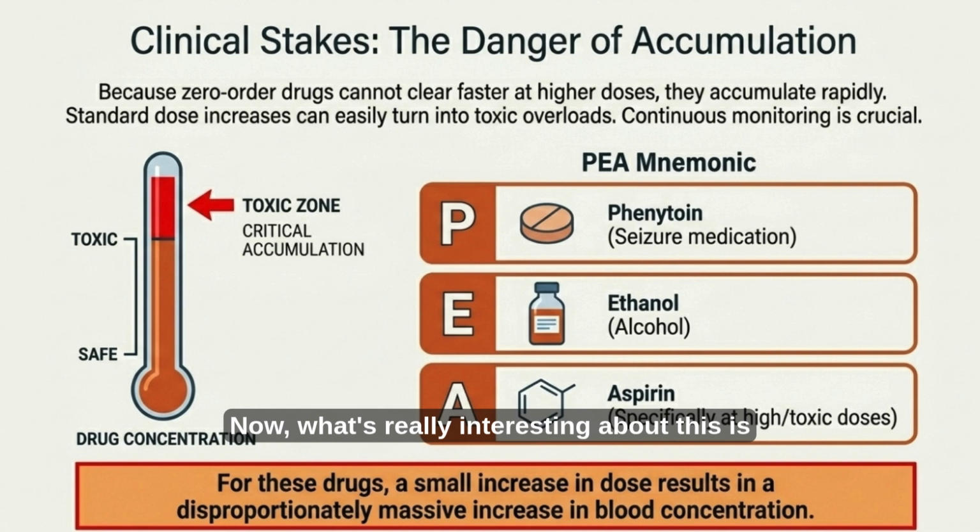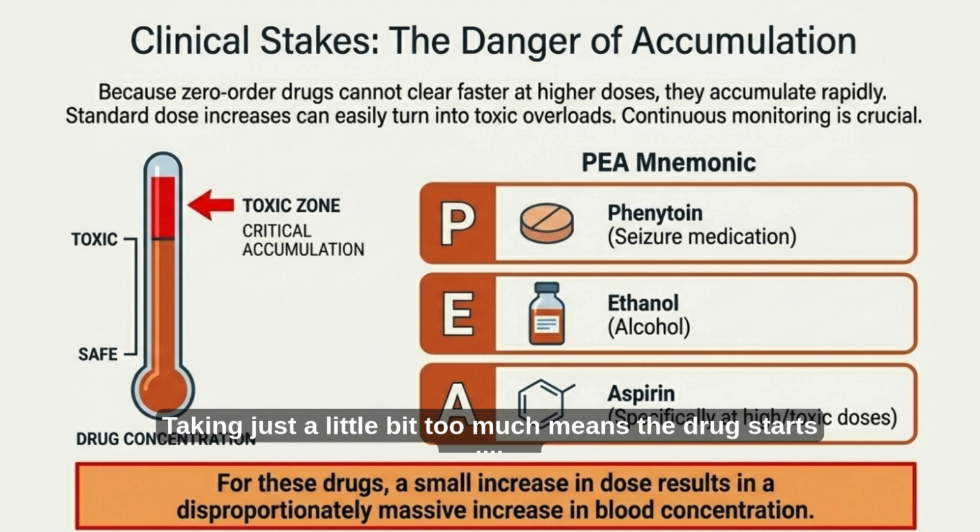Now, what's really interesting about this is that not everything gets to use that wide drain. Welcome to the zero-order danger zone. Substances like ethanol, the seizure medication phenytoin, and even everyday aspirin, when you take it at really high doses, they follow the narrow drain because their clearance rate literally cannot speed up.